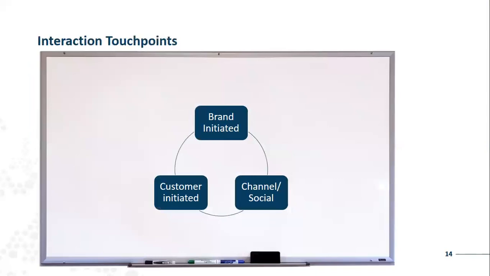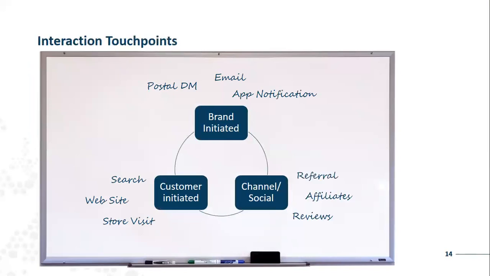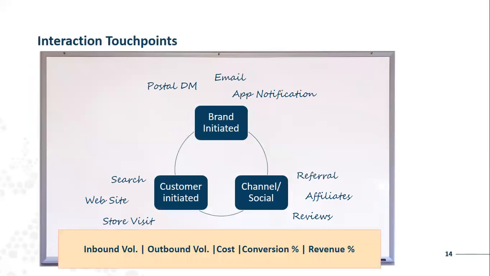Okay, and then the final thing here is really just looking at different touch points and channels that you might wish to use. So looking at brand initiated channels, customer initiated channels, and then social and partner channels as well. And this is just an exercise to identify what those are. Some of those you might be using as a marketer directly now. Some of them you might not be able to address via them, but your customers might be using them to interact with you.